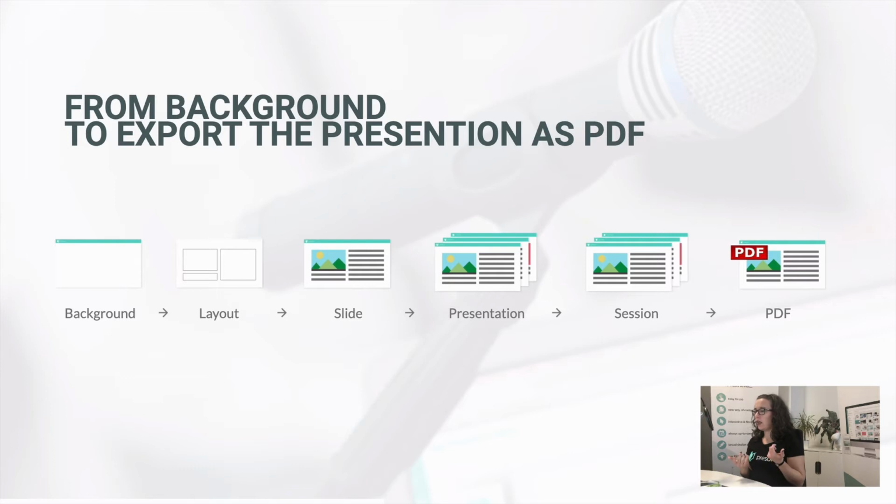So basically they take care of the font, the size, the color, the positions, and everything like that. They will control that the layouts and the templates conform to your CI.